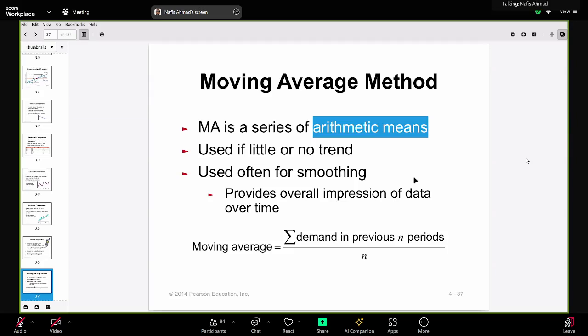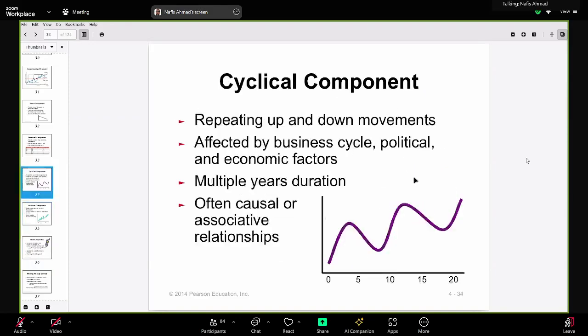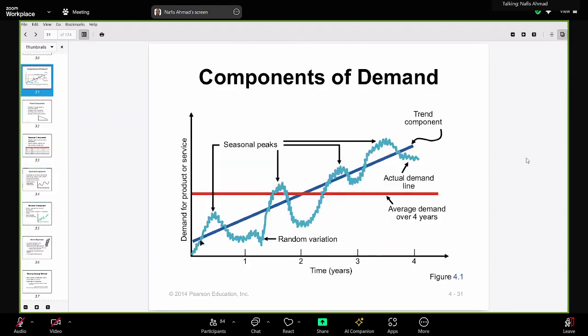a wrong forecast. And say this is a trend. If we use moving average in such cases, we'll get the result like the average demand. And if we take the average demand, the future demand will be different from the average demand, because there is a trend in the demand nature.